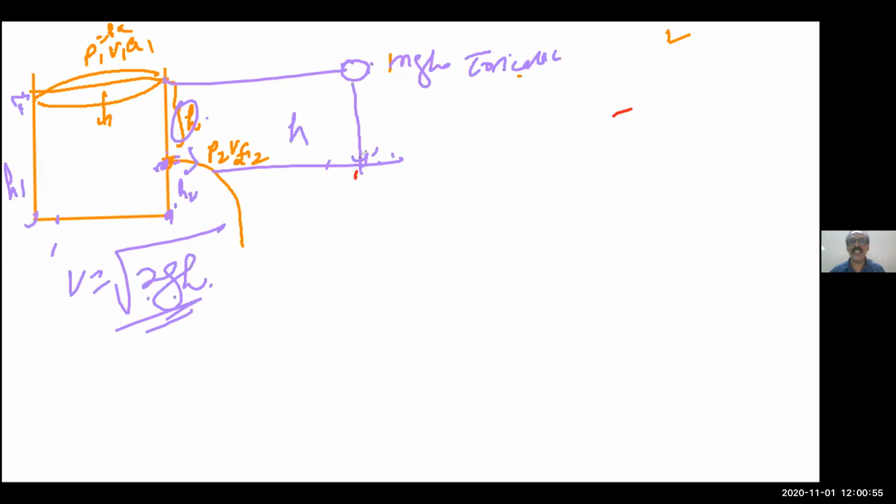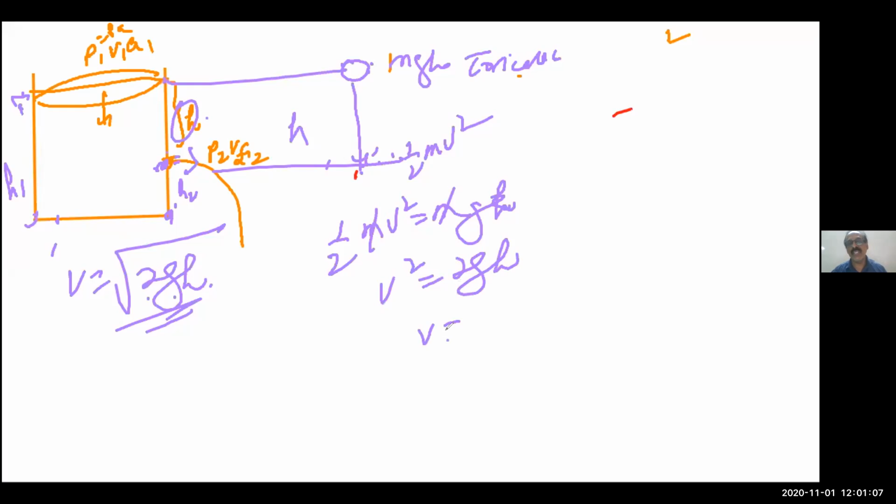At this point, this potential energy converts into kinetic energy, that is half mv squared. Then we can write half mv squared is equal to mgh. M cancels. V squared is equal to 2gh, and V is equal to root 2gh. You see? That means this water reaching here with a velocity, and a stone falling under gravity, both have the same effect. This is what Torricelli said. Is it clear?